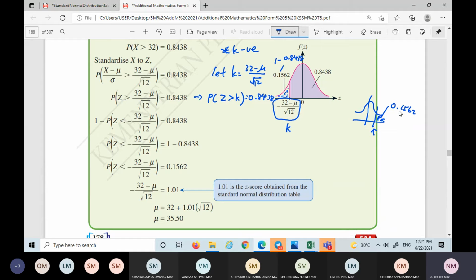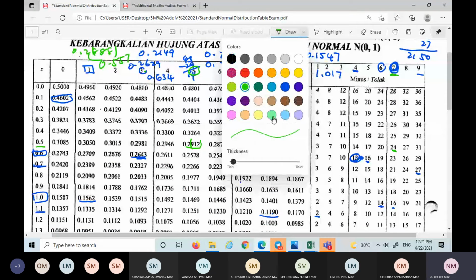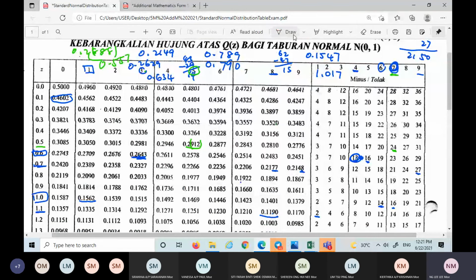Now we go and read the value 1562. Where is 15? This is 16. 15 is here. 15, 15, don't want smaller, 39 also don't want smaller. Very good, exactly.